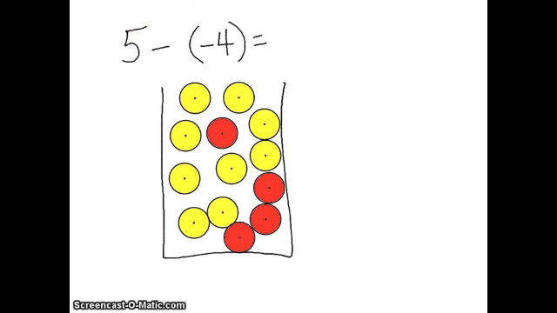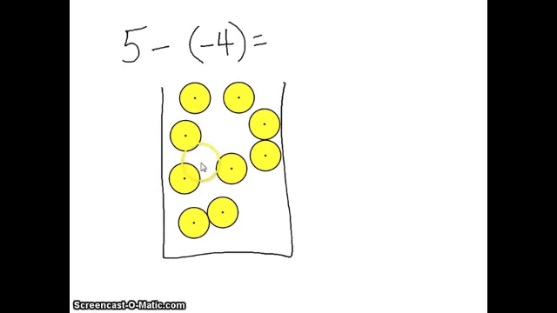So now we can take away some of the negatives. It says to take away -4. So that's easy enough. I will take away 1, 2, 3, 4.